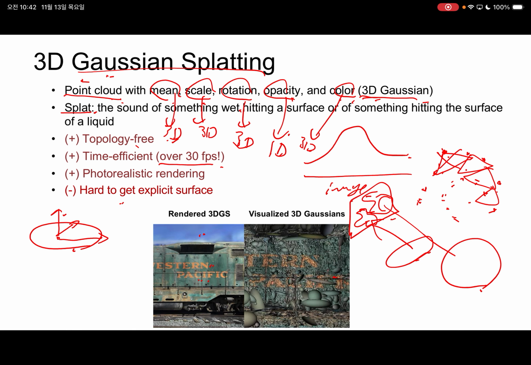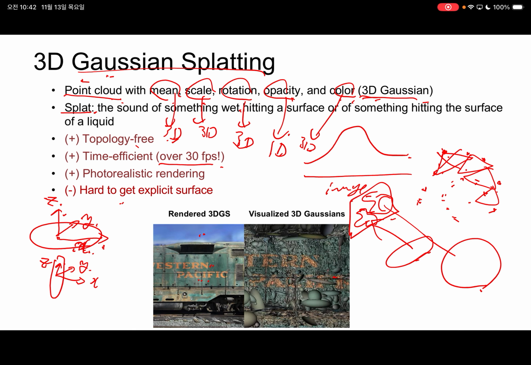Taking an example, let's say this is the x-axis, y-axis, and z-axis. Then the scale along the x-axis is big for this Gaussian, right? But for some Gaussians, maybe like this, the z-axis scale is big. So there can be sphere-shaped or ellipsoid-shaped 3D Gaussians.